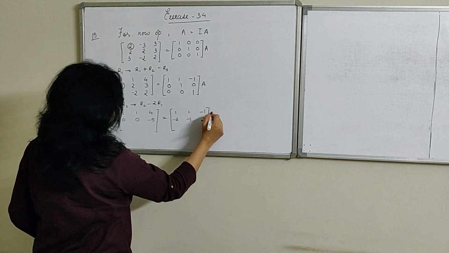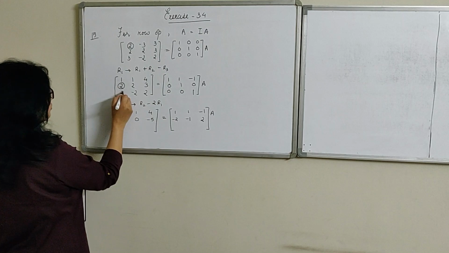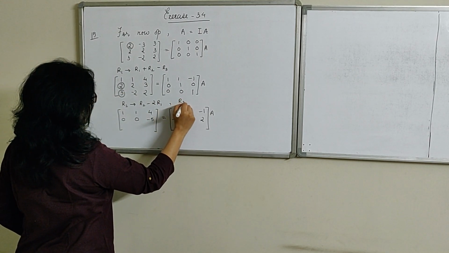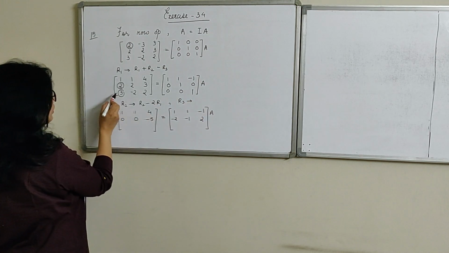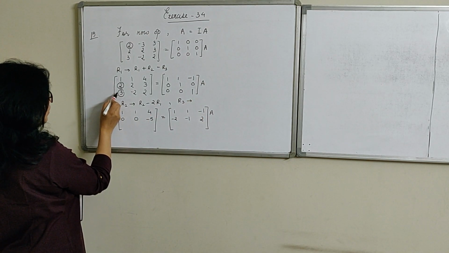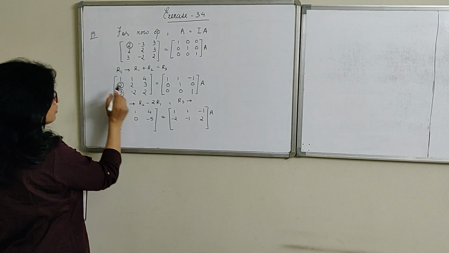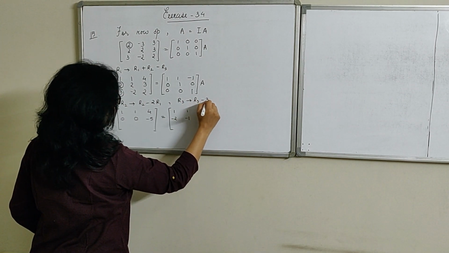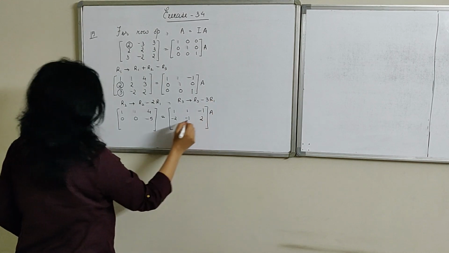Now moving on to the third row. The third row is 3. And this element in the third row can be converted to a 0 if we have 3 minus 3 times the first row. So the corresponding operation would be R3 minus 3 times R1.